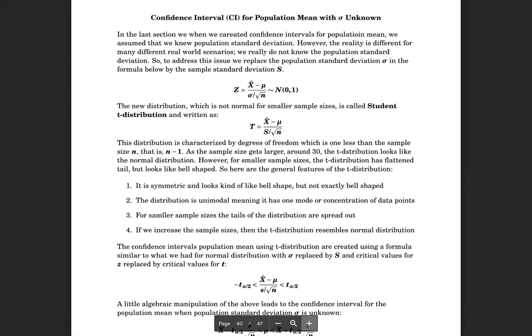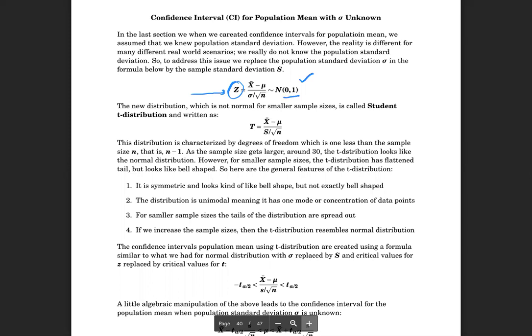So only difference, so if you read it a little bit, I don't know if you did. In case if you did, here is one interesting thing. Z approximately has normal distribution, okay? That's why we call it Z, which has a mean of 0 and standard deviation of 1.